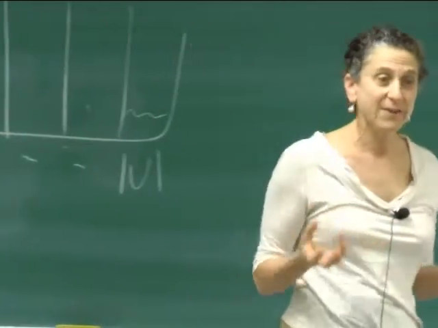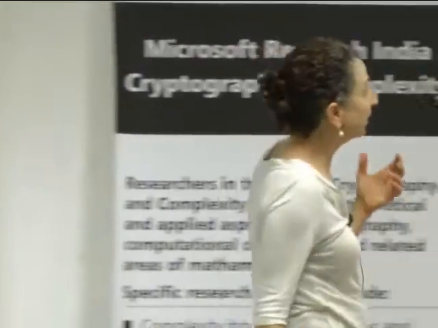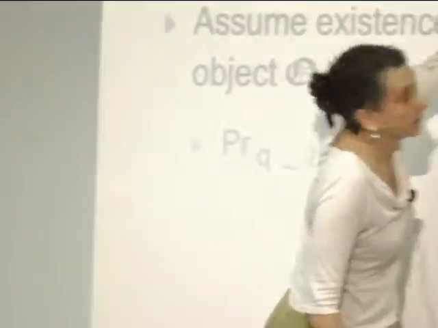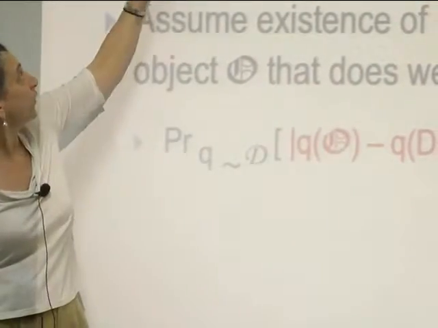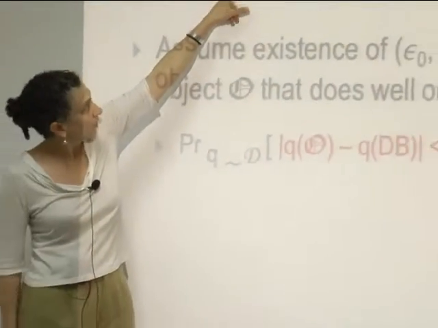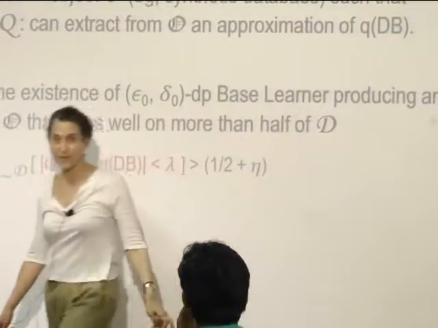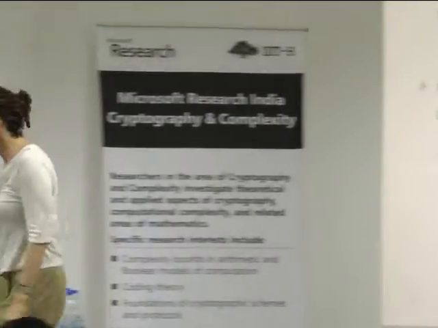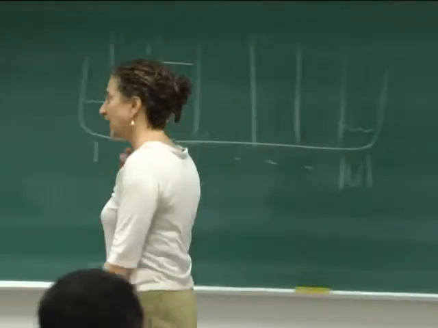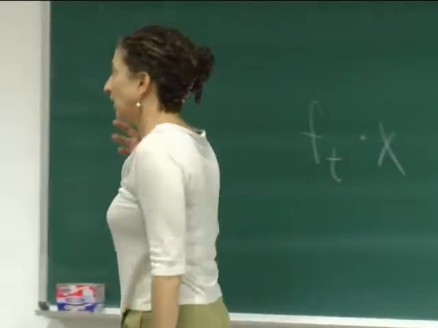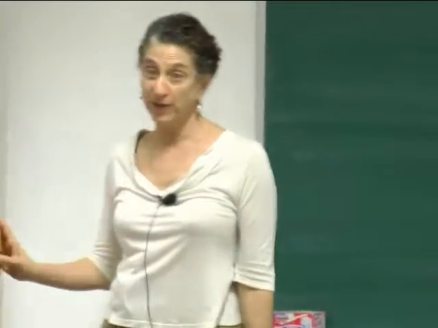So that the data analyst, when given this object, can, for every query in Q, produce a good approximation to the value of Q on the database. That's my goal, to produce some kind of an object that allows good approximations to Q of the database.